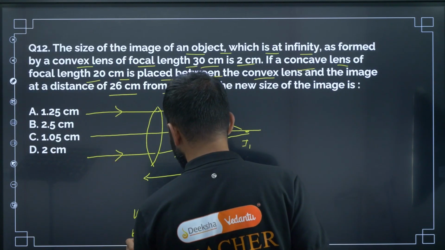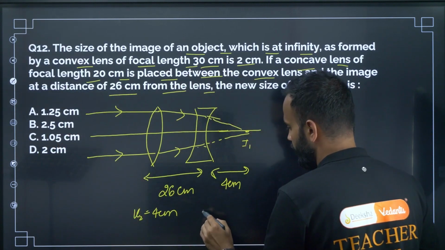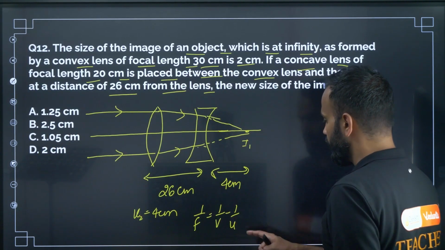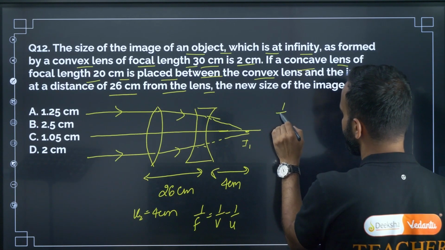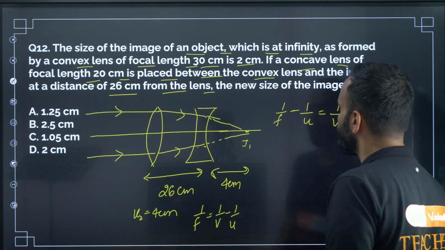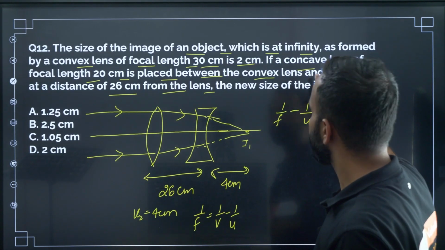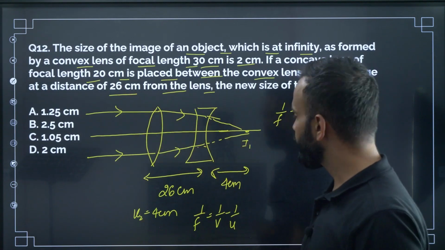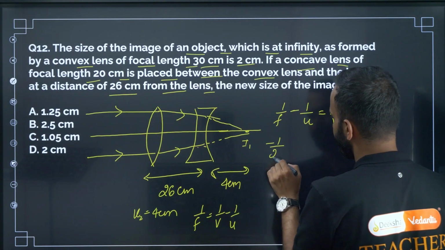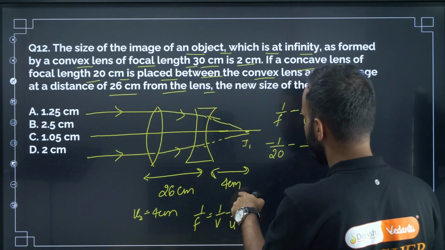So let us find V using the lens formula. 1 divided by F is equal to 1 by V minus 1 by U. U is positive. So 1 divided by F minus 1 divided by U equals 1 by V. What is the value of F? Here the value of F is minus 20 centimeter because it's a concave lens. So minus 1 by 20 minus 1 divided by U, U is 4 centimeter.